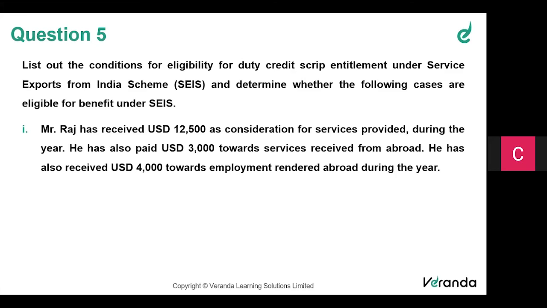But the net revenue is 9,500, so he is not eligible. Regarding the 4,000, it is not related to the service category. It is outside service, so this amount will not be considered. Fantastic, Ravi. I think you've answered the question verbatim.